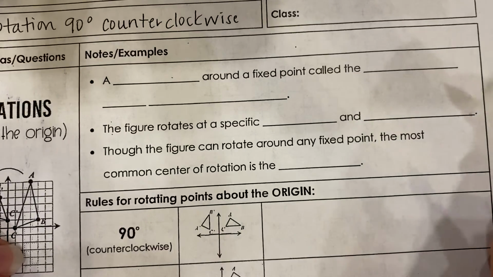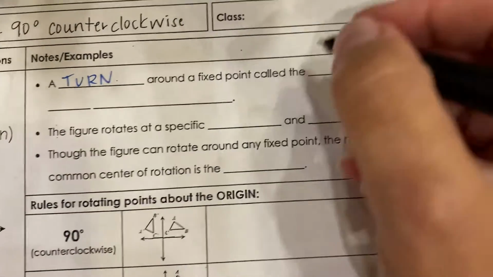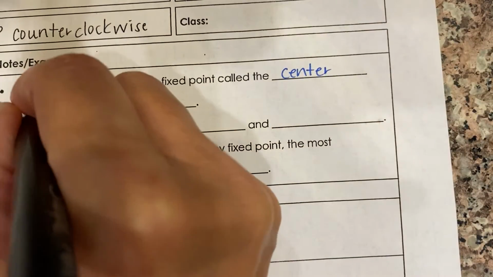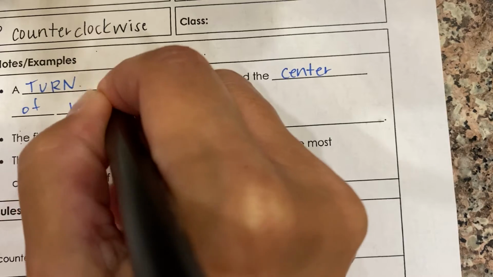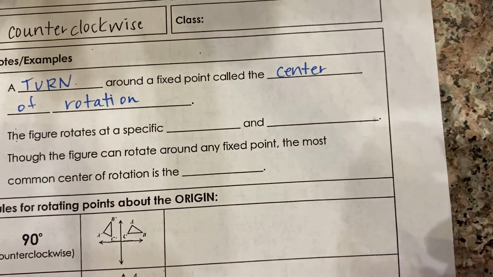So, for our notes, a rotation is a turn around a fixed point called the center of rotation. Okay?